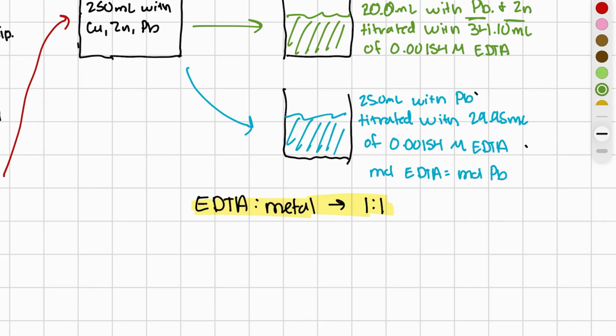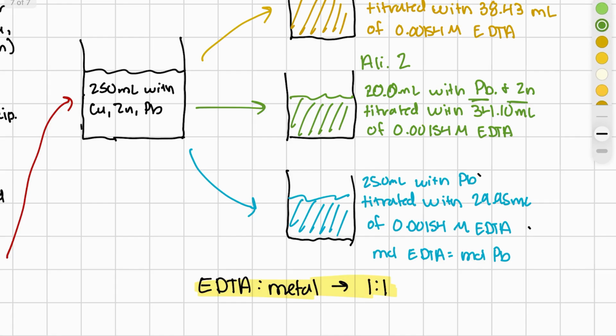And then working almost backwards with aliquot 2. Oh, this one does not have a label. Okay. For aliquot 2, moles of EDTA equals moles of lead plus zinc. So moles of lead plus moles of zinc.